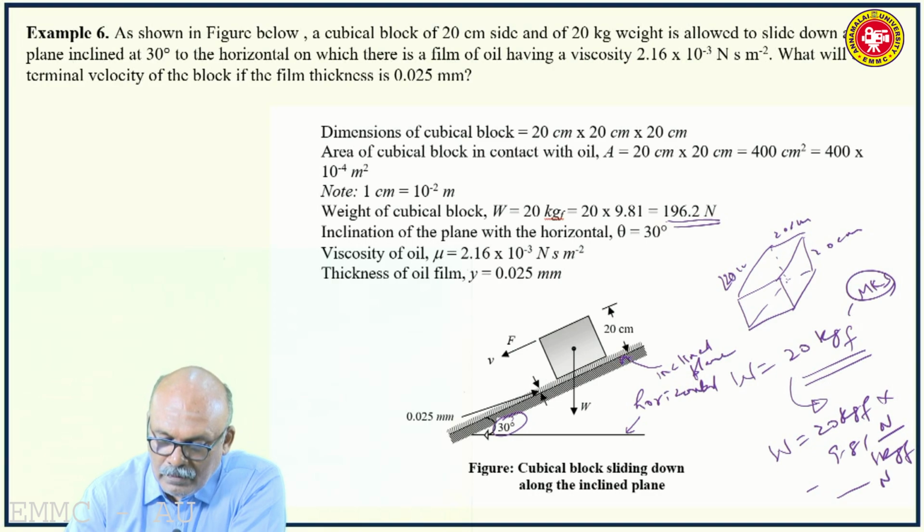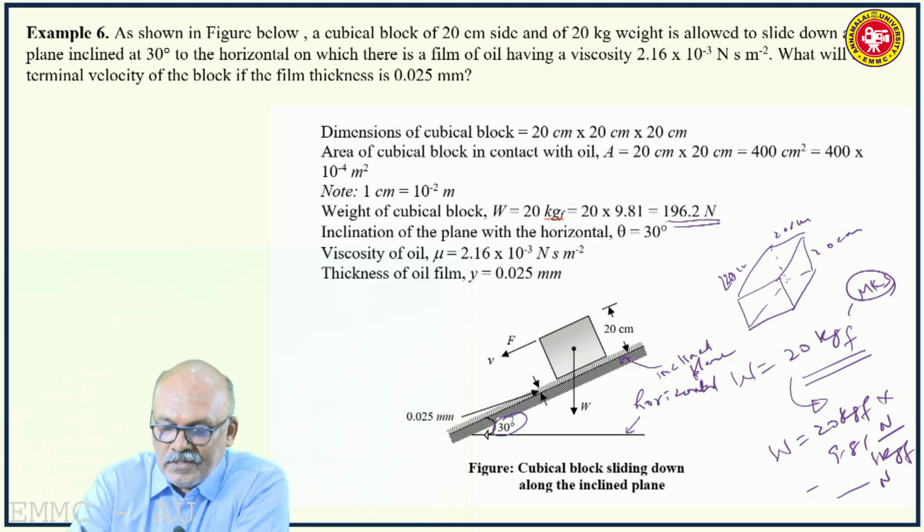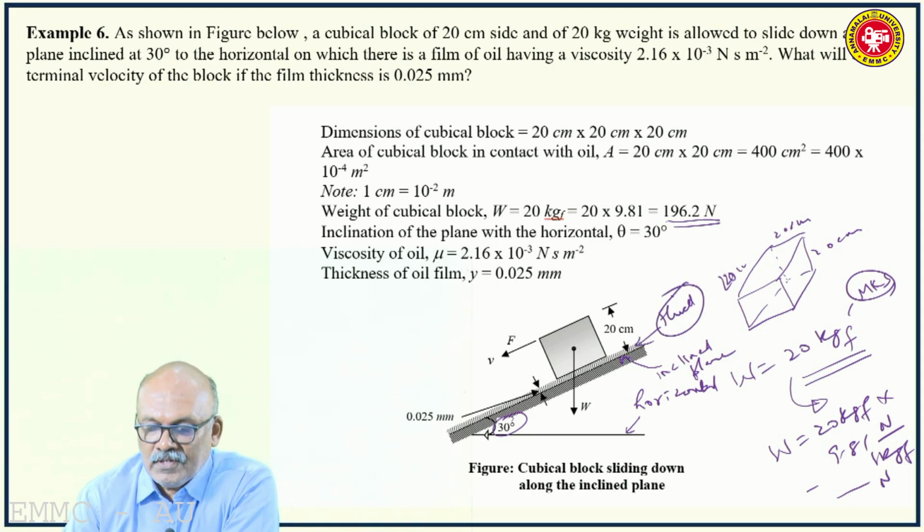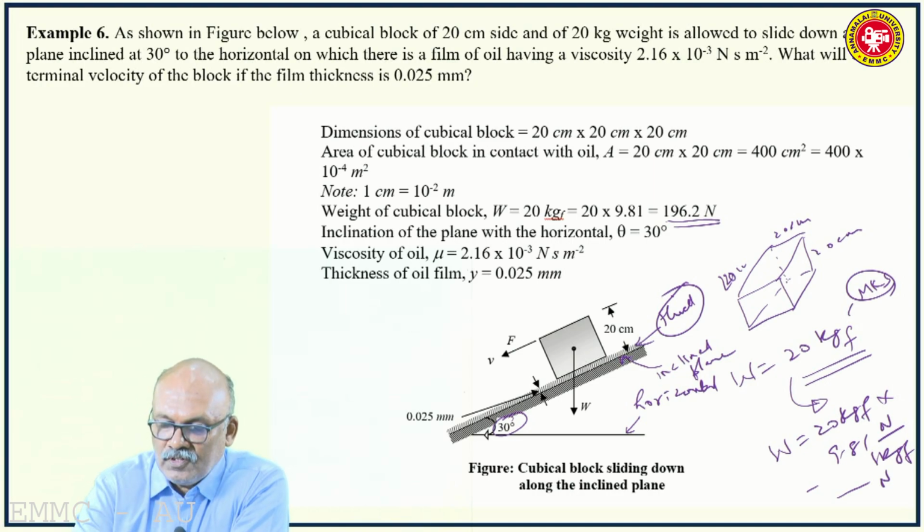And in between the bottom surface of the block and the plane, you have a fluid which has a viscosity of 2.16 into 10 power minus 3 Newton second per meter square.